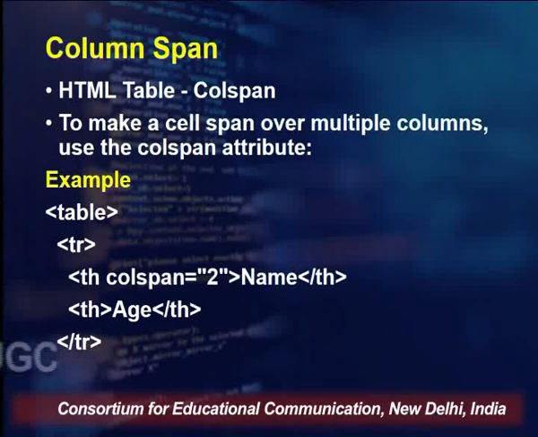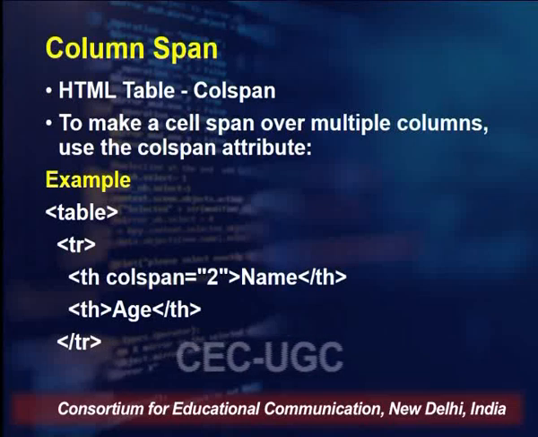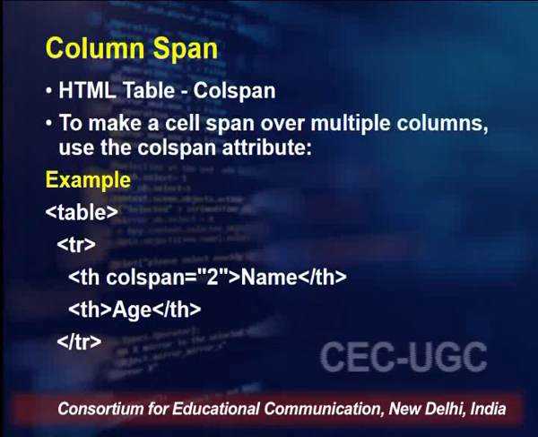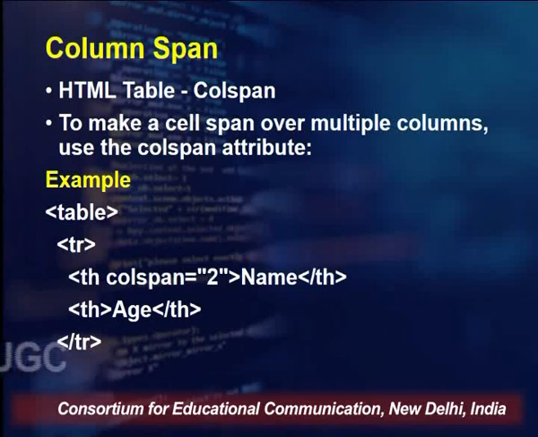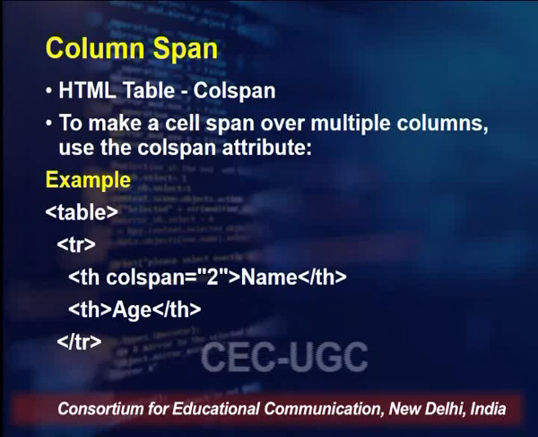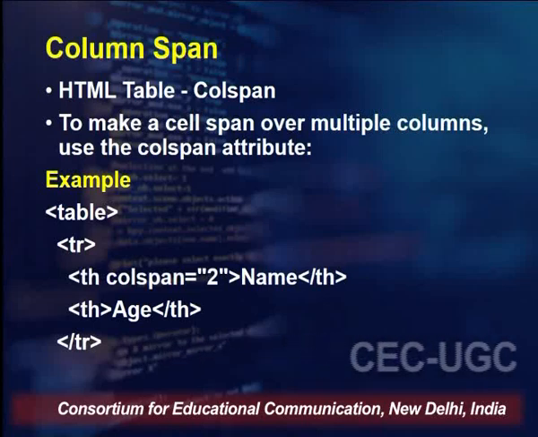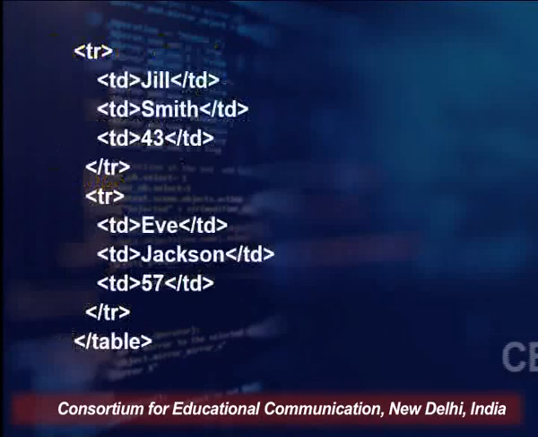Within the first TR, which comprises table headers, there is colspan equals 2 for name, and then there is age, and I have not written the third one because that is not required. Name is going to expand over the first name and the last name, which are the attributes.